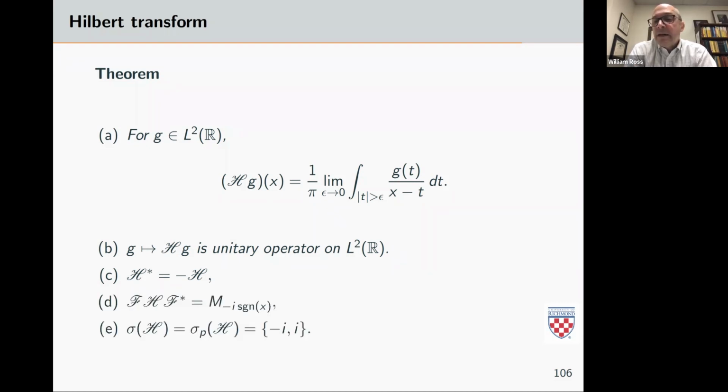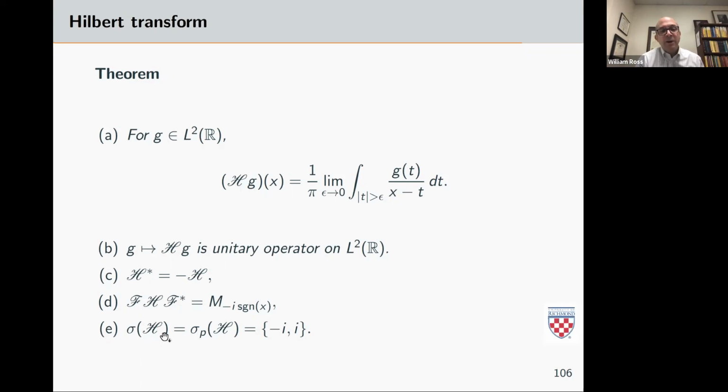Let's bring in stuff about multiplication operators that we've covered so far. Notice that if I take the Fourier transform on L2, it is going to conjugate the Hilbert transform into this multiplication operator on L2. It only has two values, i and minus i, and 0, but that's insignificant. Now you know all sorts of stuff about multiplication operators.